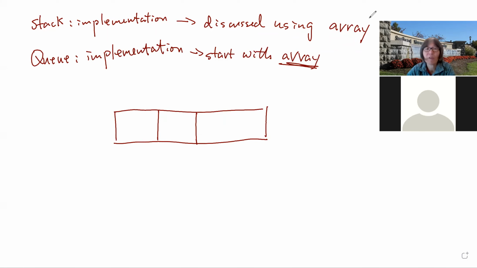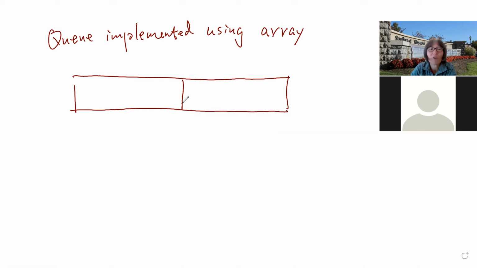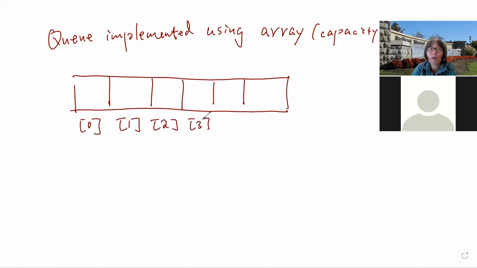So we are going to discuss a queue implemented using an array. Let's first visualize how. Assuming this queue's array capacity is 6, here's sub 0, sub 1, sub 2, sub 3, sub 4, and sub 5.